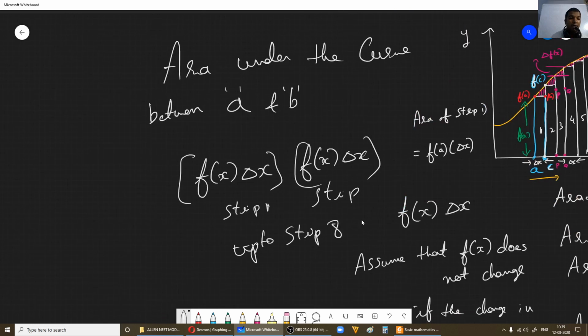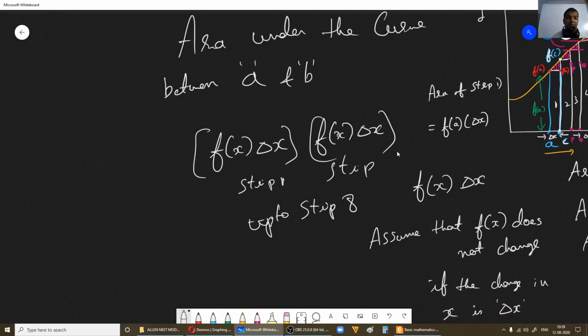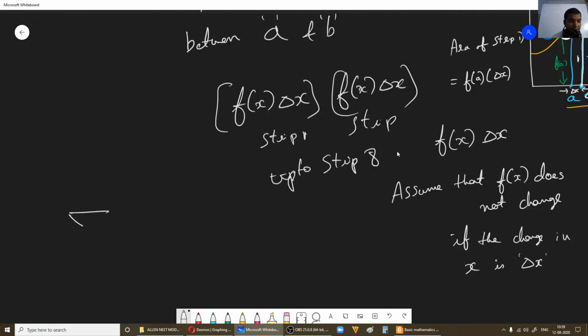Now here we can basically use summation. We can say the area under the curve between the limits a and b can be given by the sum of f of x delta x. I am summing it up, instead of writing f of x delta x for strip 1, f of x delta x for strip 2, and so on.